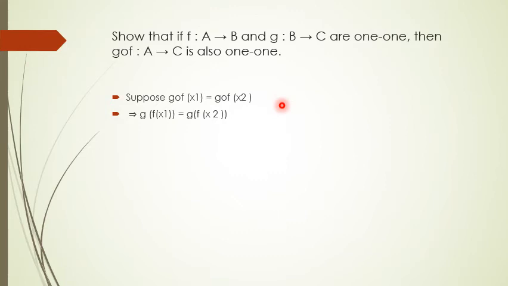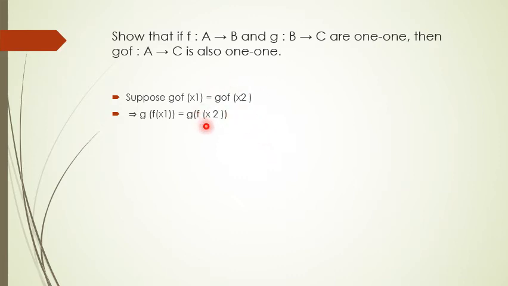Then we need to prove that both numbers x1 and x2 are the same. That is, if f maps x1 and x2 to the same image, then x1 and x2 should be the same.